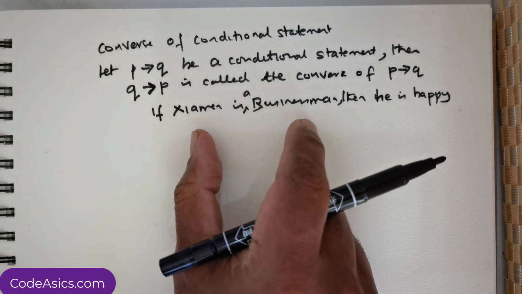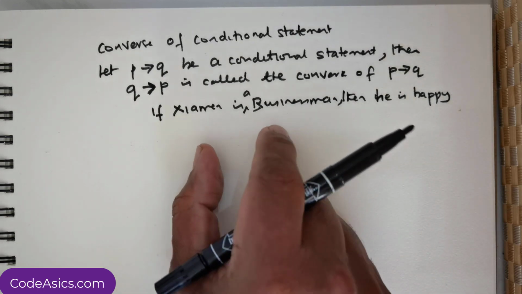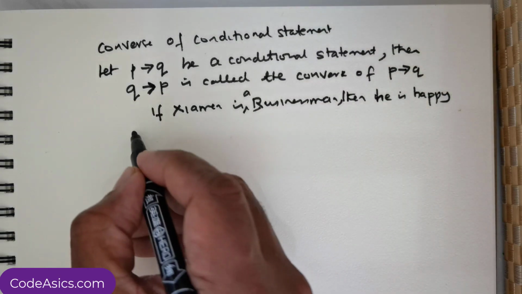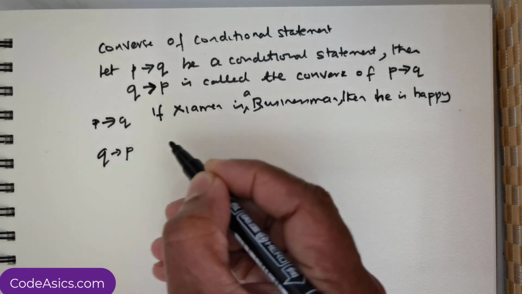If Shaman is a businessman, then he is happy. That is P conditional Q. So this part is P, the other part is Q. So what would be Q conditional P?